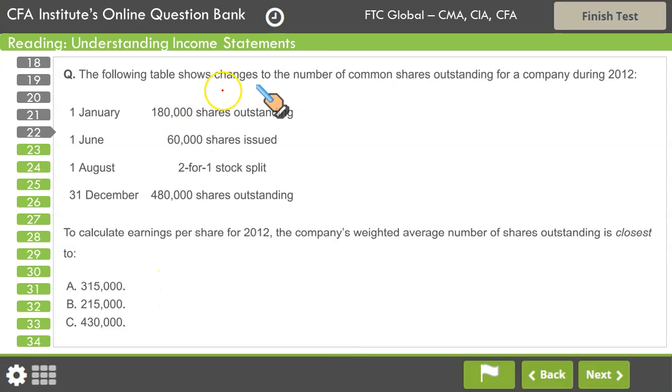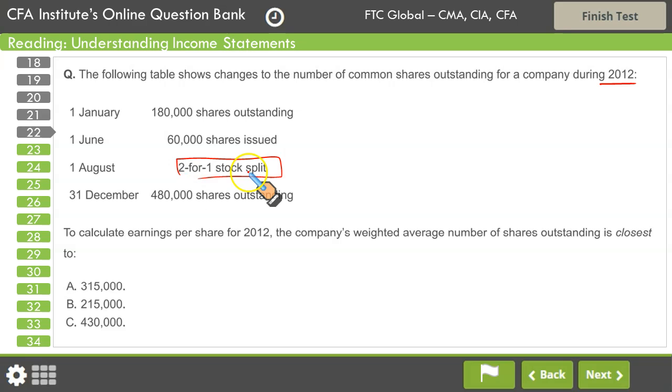The following table shows changes to the number of common shares outstanding for a company during 2012. On 1st January, 180,000 shares outstanding. In June, 60,000 shares issued. On 1st August, there is a 2-for-1 split. Now, this is a very important question, specifically selected to teach you something special.